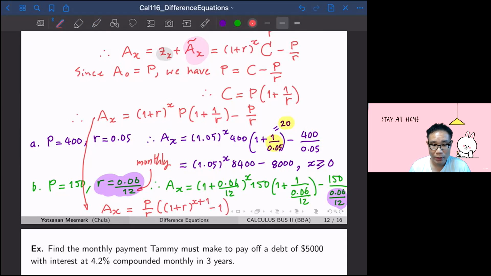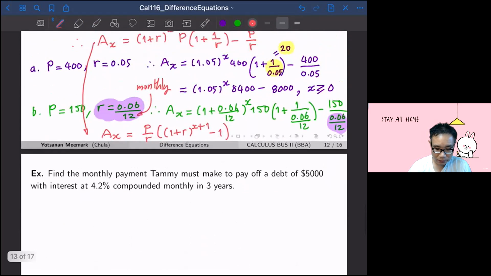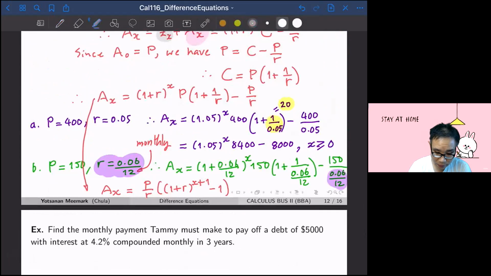When you have x equal to 0, you would get P. Okay, it's also correct. So this one will be another formula for the compound interest.